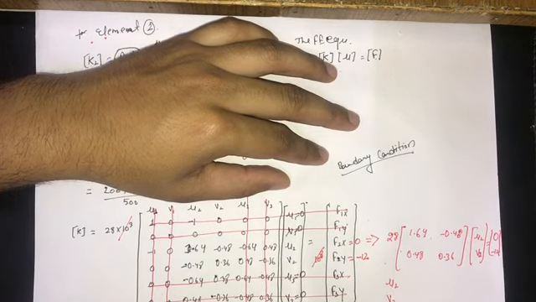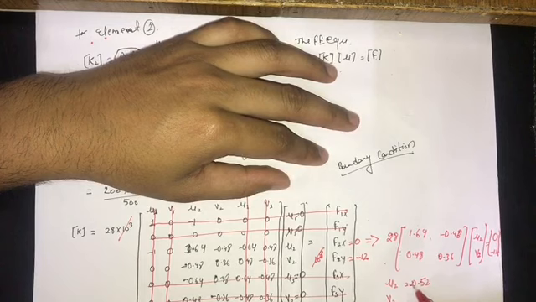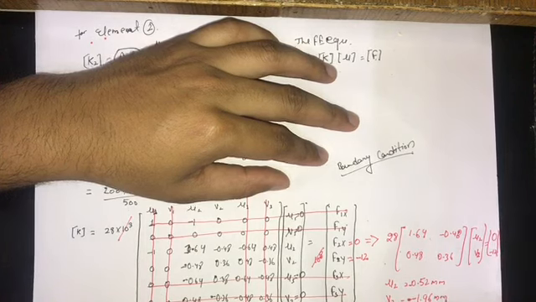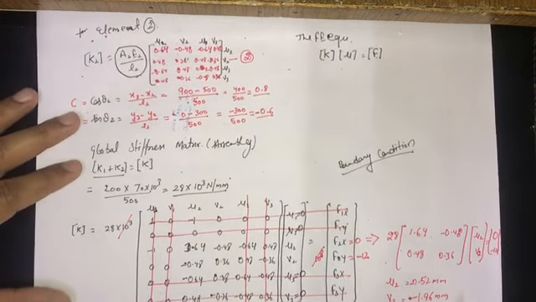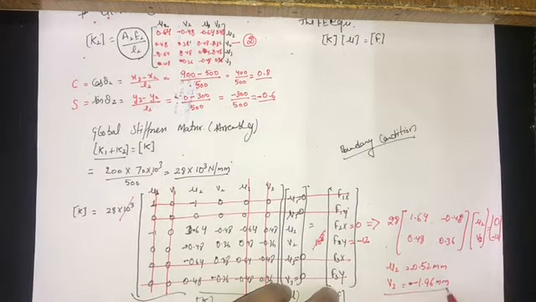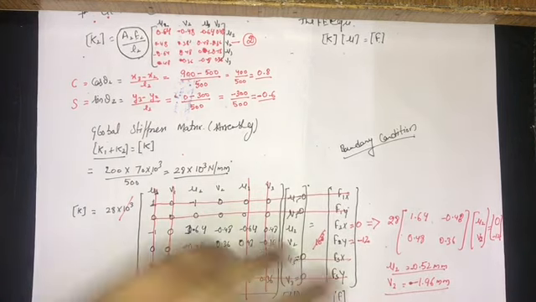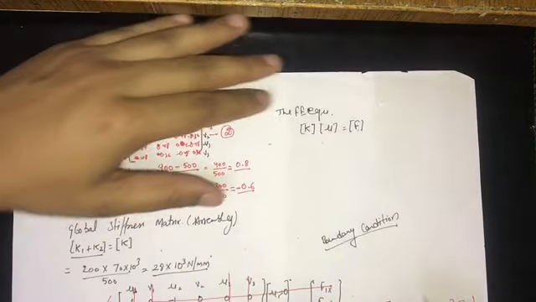So the U2 and V2 values come to be 0.52 and minus 1.9 square. This value is in millimeters, so this is the displacement U2. After that we calculate the sigma.